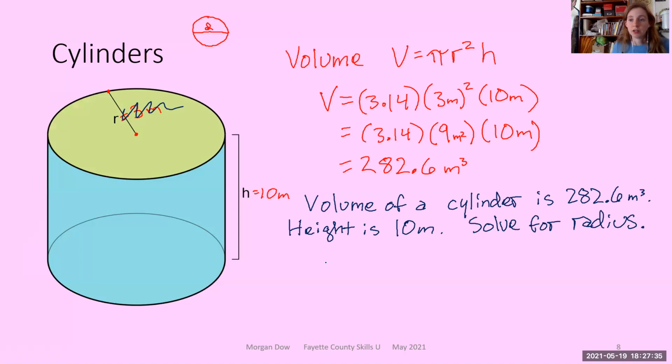So we're talking about volume of a cylinder. We're going to start with our formula. Volume equals pi times the radius squared times the height. I'm going to fill in the information I know. I know the volume is 282.6. I know that pi is 3.14.